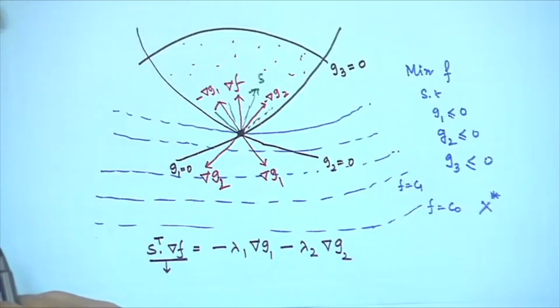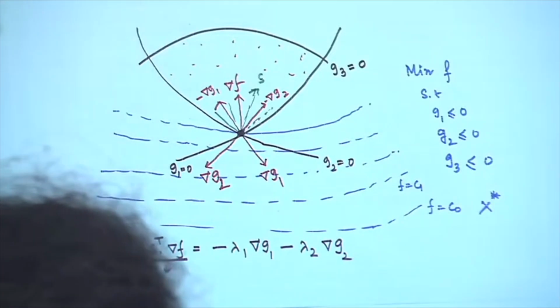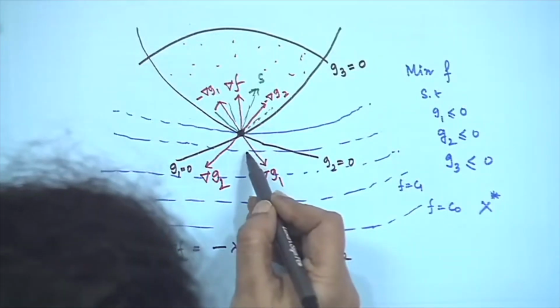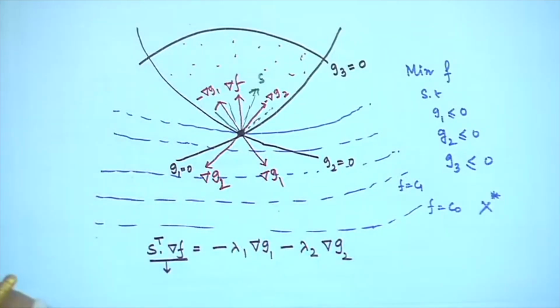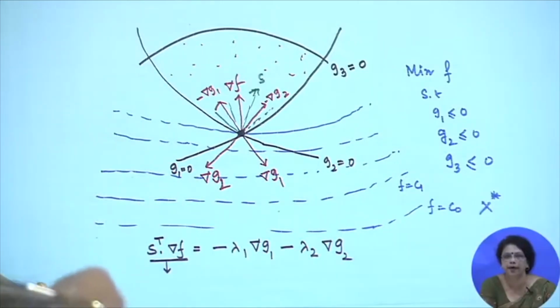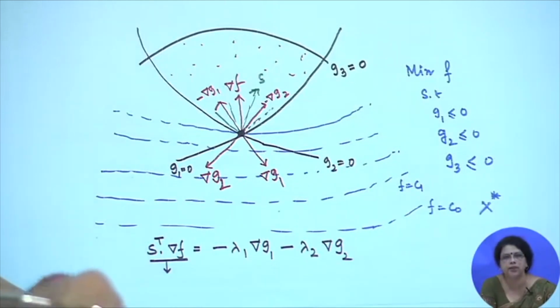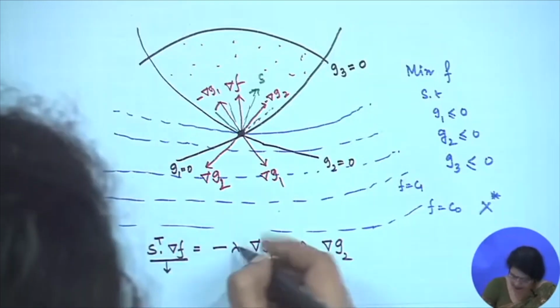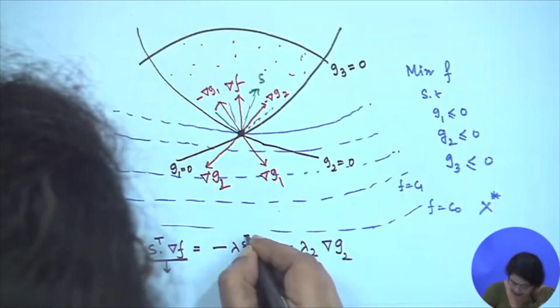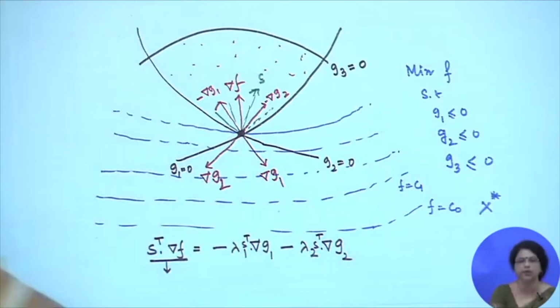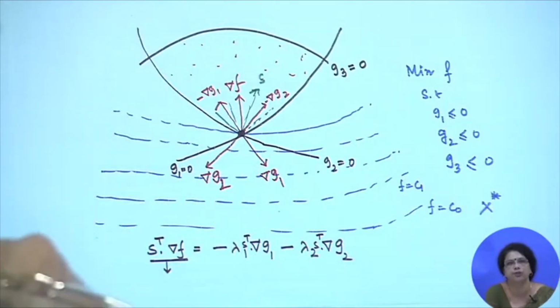On the other hand, the feasible direction and grad G1, the gradient of the first constraint, make an obtuse angle, that is why this is negative. Similarly, S and grad G2 also make an obtuse angle, so this is also negative.